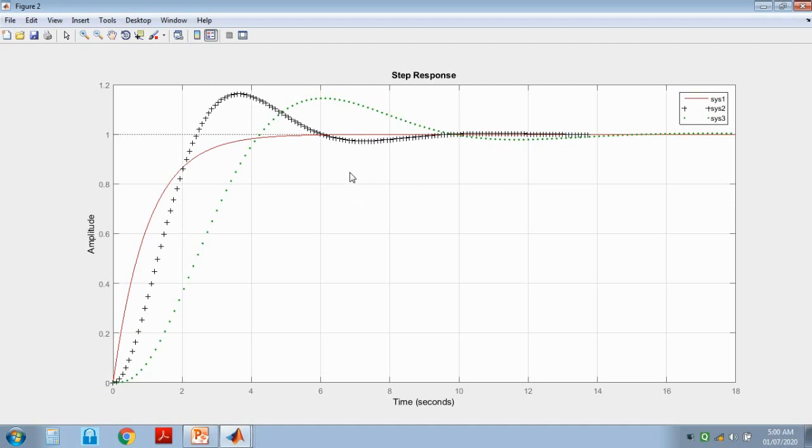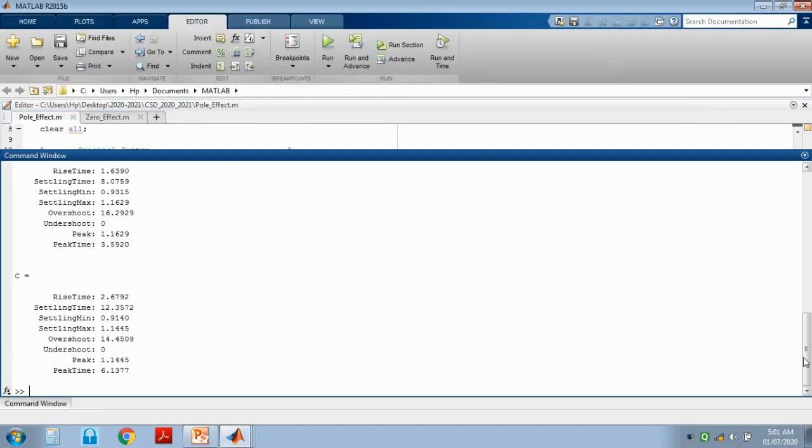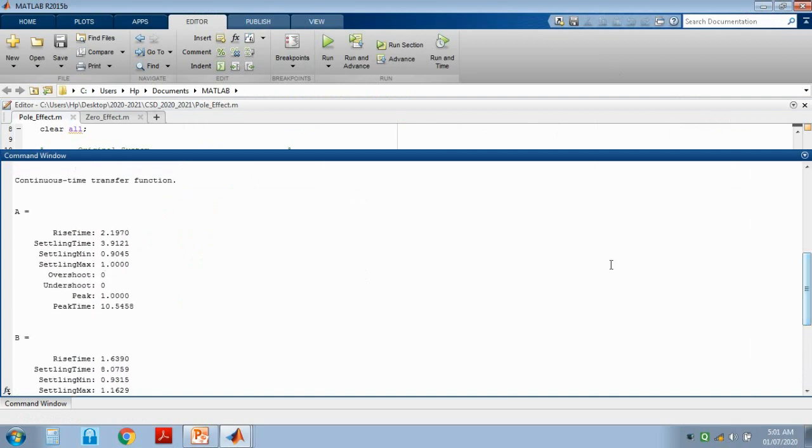All these values are considered in terms of the transient response specifications, which are shown as rise time equal to 2.1970 seconds, settling time equal to 3.9121 seconds, overshoot equal to 0, and undershoot 0 for the first system.